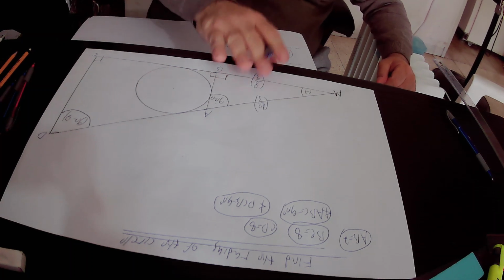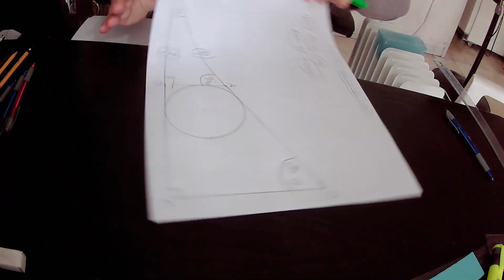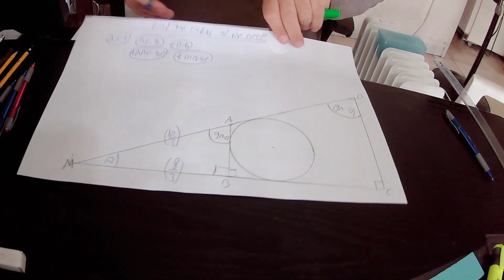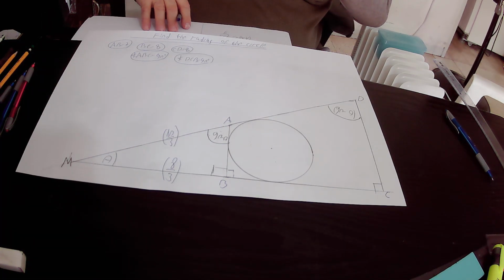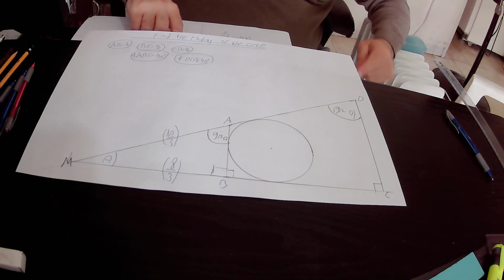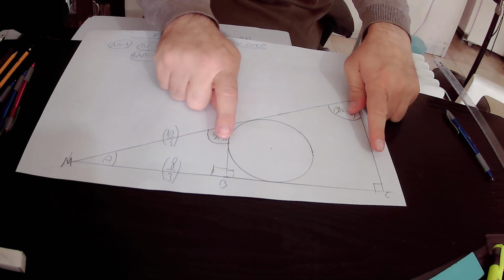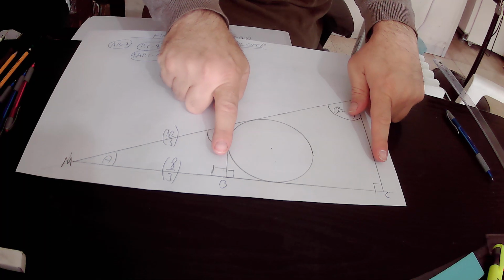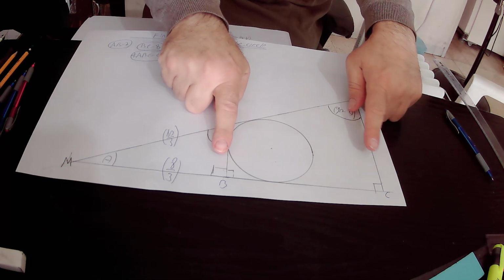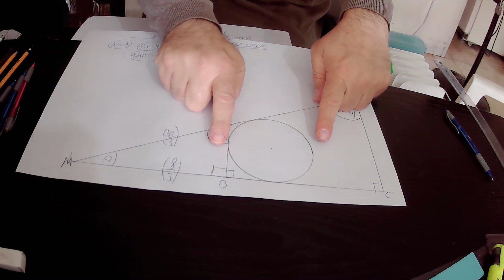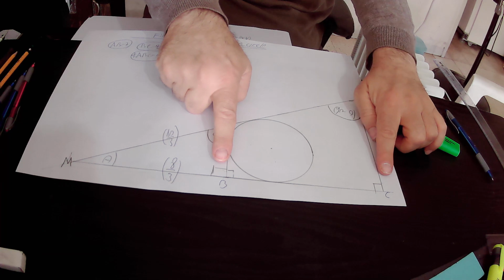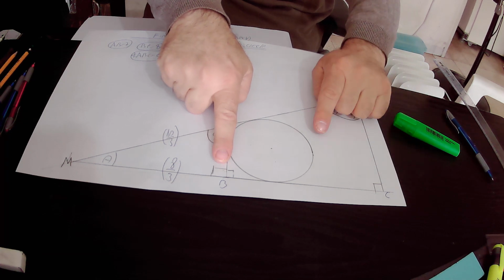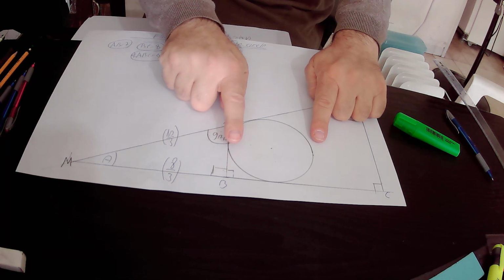Okay, in the next step we will do a construction. Actually, we will draw a perpendicular on BC in such a way that it will also be tangent to this circle. Repeat again, we will draw a perpendicular on BC in such a way that it will also be tangent to this circle.